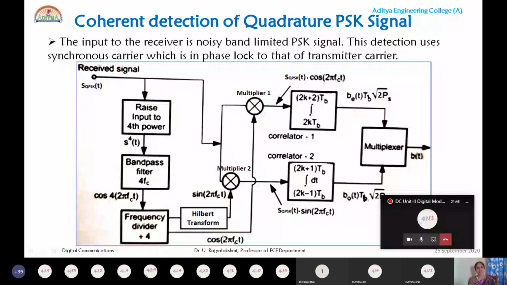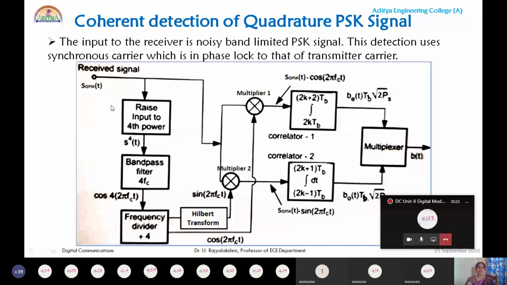In the case of BPSK, we used three sections, namely square law device, band pass filter and frequency divider by 2 to generate the synchronous carrier. Here also we'll use similar sections, but with a factor of 4, not a factor of 2, because quadrature PSK is a 4-ary PSK.